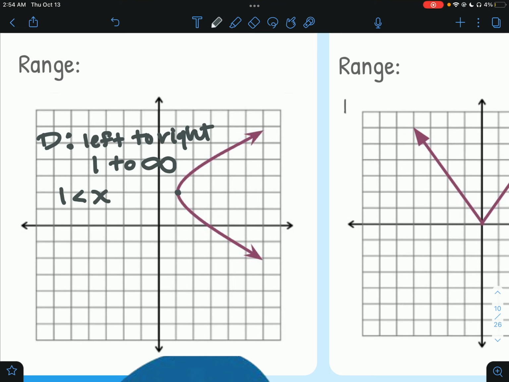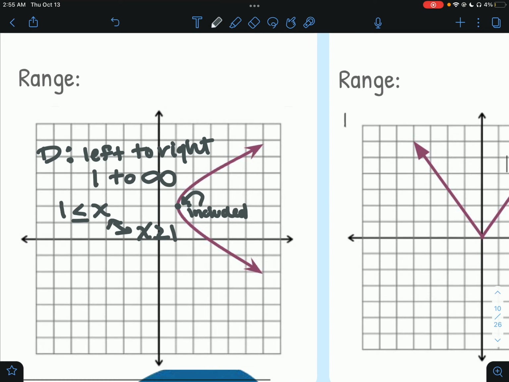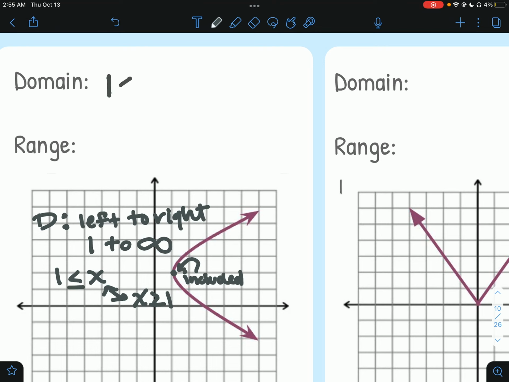This is on the graph itself, which tells us this should be equal to. It is included. So all this statement is saying, you could write it the other direction, is x is all of your numbers greater than or equal to 1. It's all of your numbers above 1. So our domain is all of your numbers greater than or equal to 1.